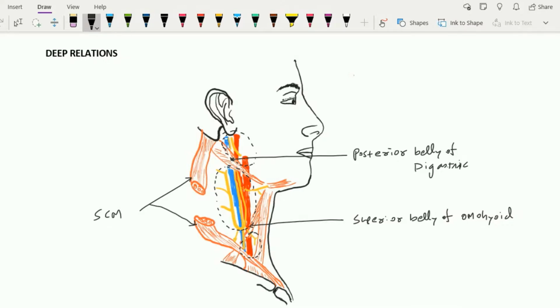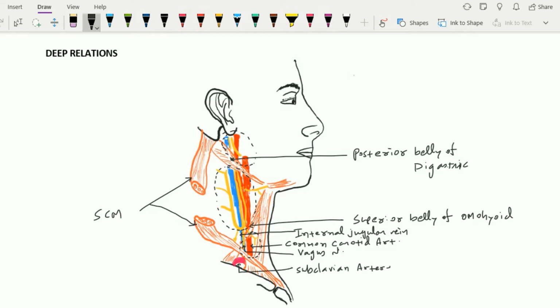So here this structure is the common carotid artery, this one is the vagus nerve, and the vein which we can appreciate is the internal jugular vein. At the lower part of the triangle we also find the subclavian artery, which is somewhere present here.